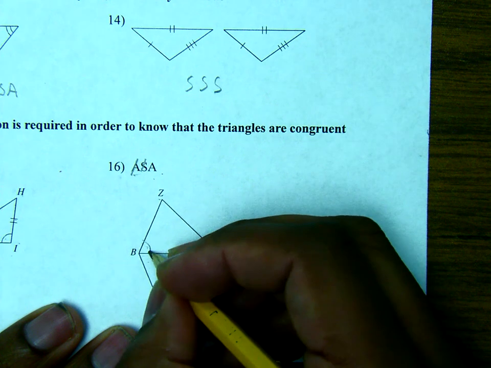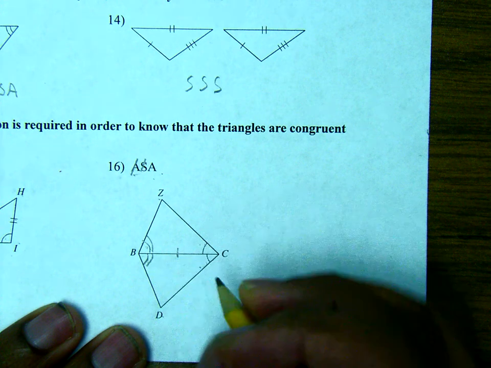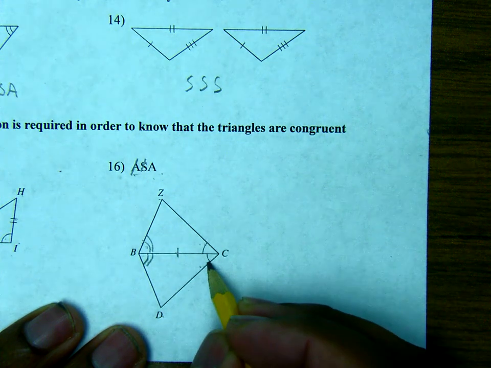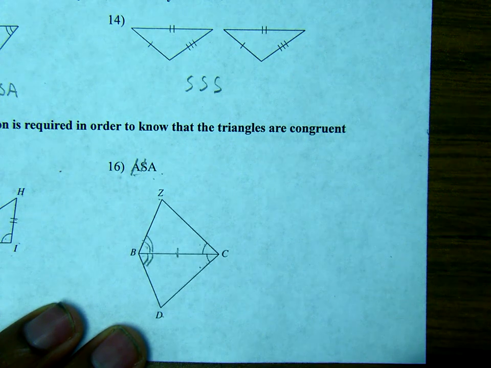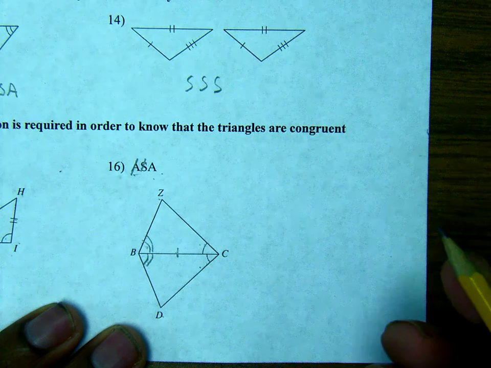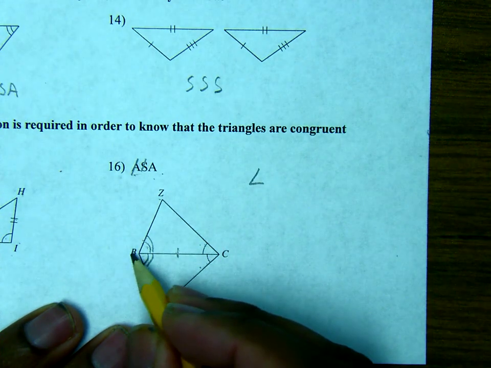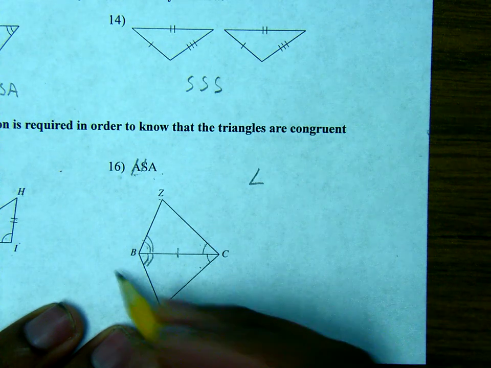We're going to pick this angle here and say if this was congruent, then we could say it's angle, side, angle. Now, to name this angle, you'll need 3 letters, and you want to make sure your middle letter is where your angle is.